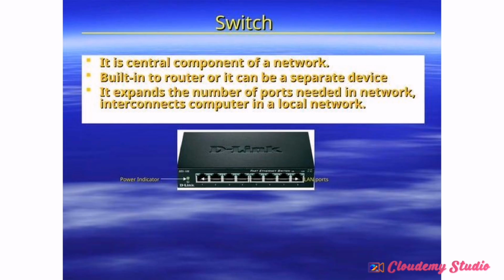Like we also talked about the LAN, which is a local area network, then a WAN, which is a wide area network. The difference is that a LAN is the type of network used in a small business, offices, or home.